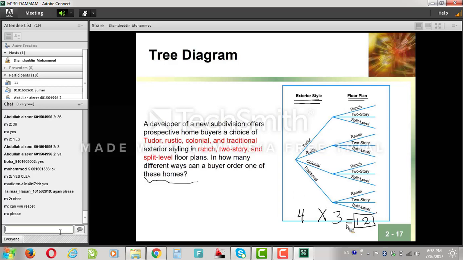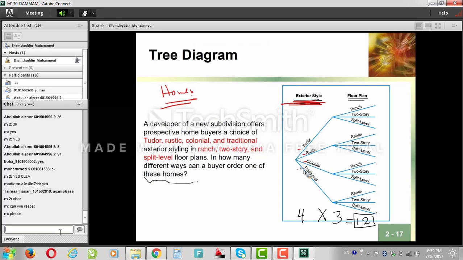One more example. I want you to pay attention to this example. We have a permutation in general, but with a condition. The exterior style can be Tudor, rustic, colonial, or traditional, so there is no restriction at all.